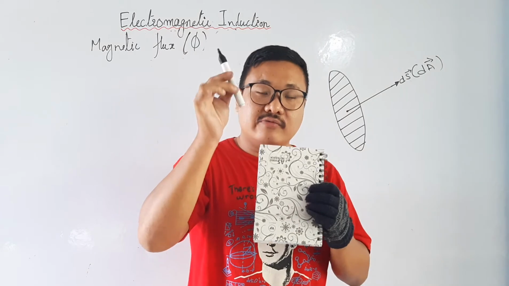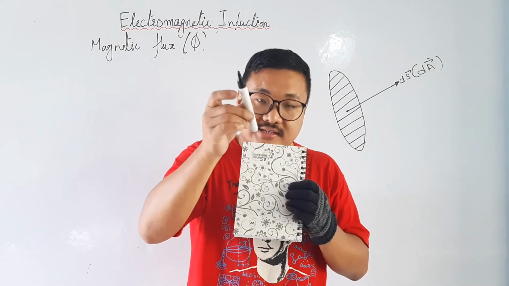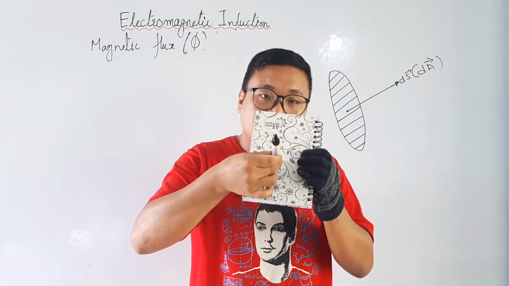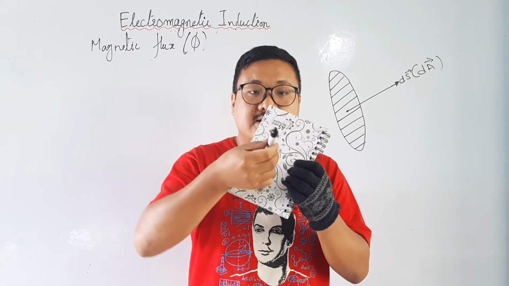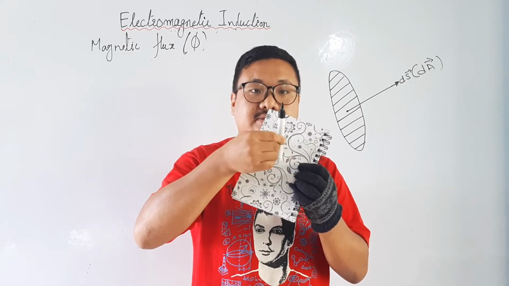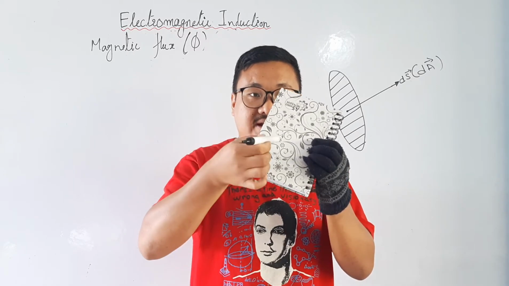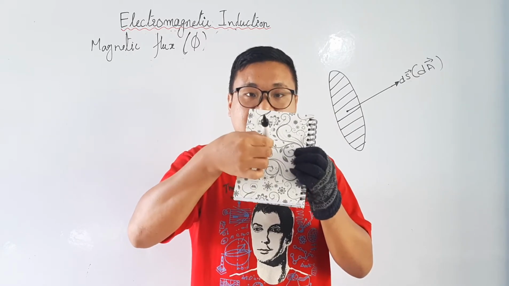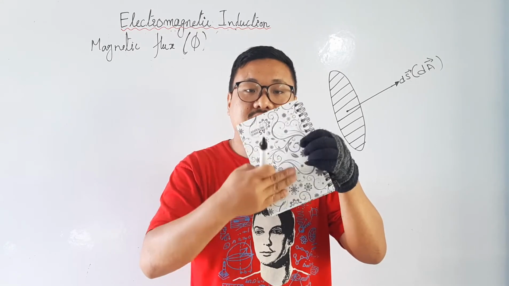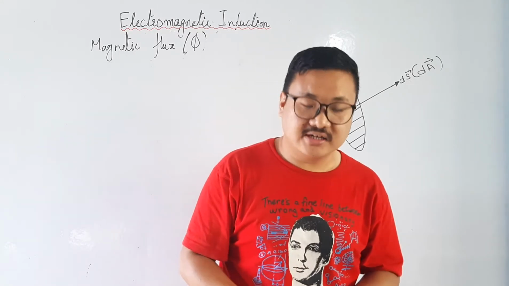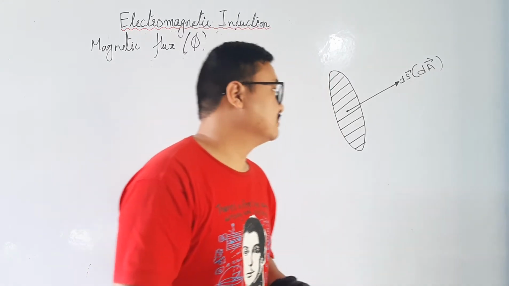One more thing we have to study: this area vector is always perpendicular to this surface. This area vector has to be perpendicular to this surface. That is very important, which we have already studied in chapter 1, Gauss application.